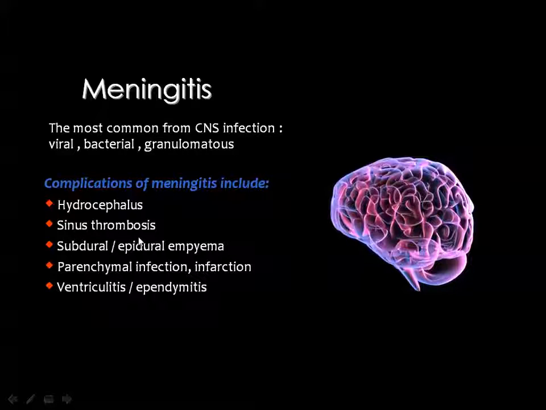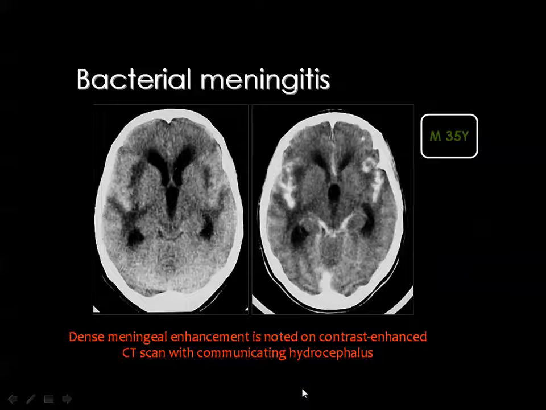May cause dural sinus thrombosis, may result in subdural or epidural empyema, may extend into the brain parenchyma, leading to abscesses and infarctions, and may reach the ventricle, with inflammation of the ventricle resulting in ventriculitis, or what's known as ependymitis. And for the diagnosis of meningitis of whatever etiology, you should inject the contrast media.